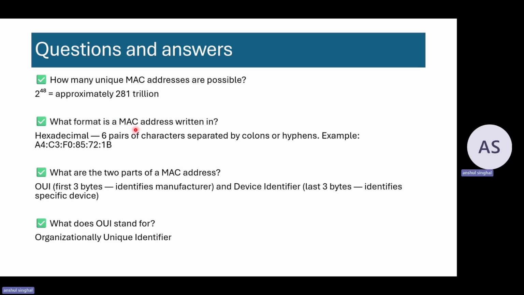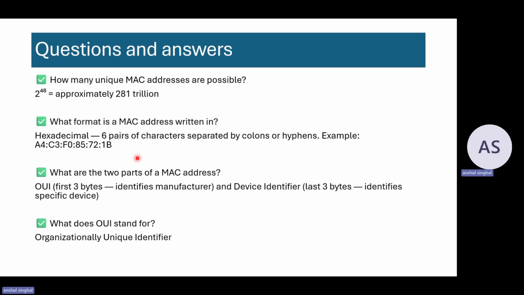What format is a MAC address written in? It's the hexadecimal format, in short. Hexadecimal numbers are 0, 1, 2, 3 till 9, and after that A, B, C, D, E, F. So those are the hexadecimal characters we have in a number system.